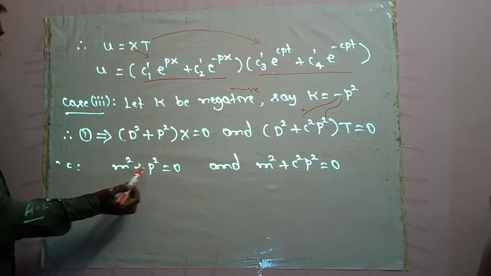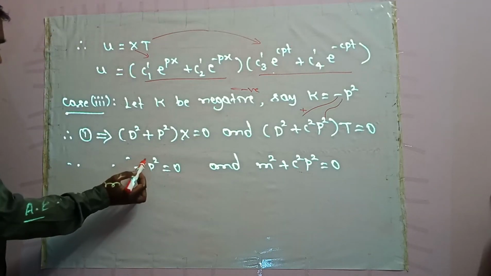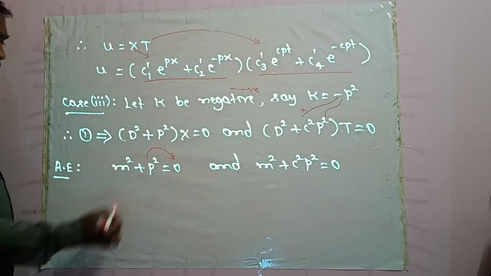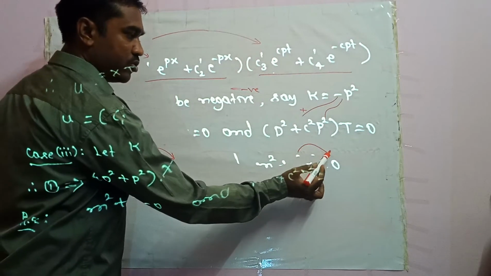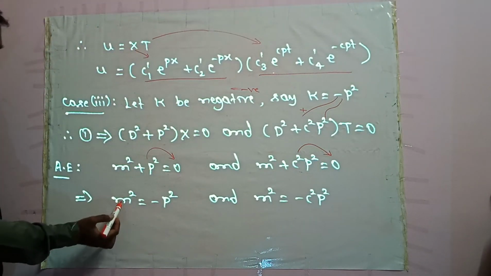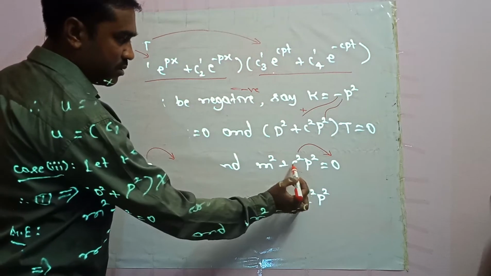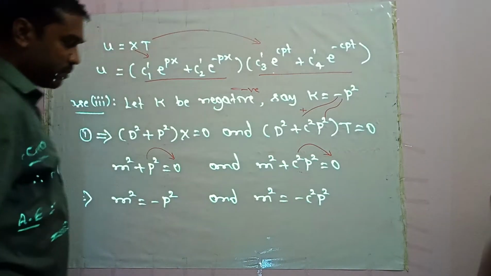Auxiliary equation for this is this, and auxiliary equation for this is this. To find the roots, take it to the RHS, and take this also to the RHS. What happens? m square is equal to minus p square, m square is equal to minus c square p square.